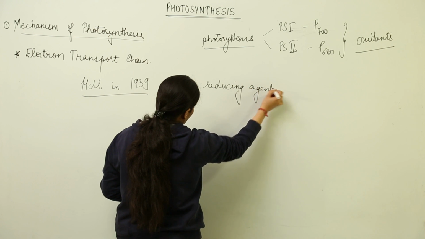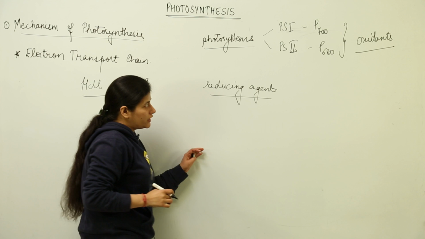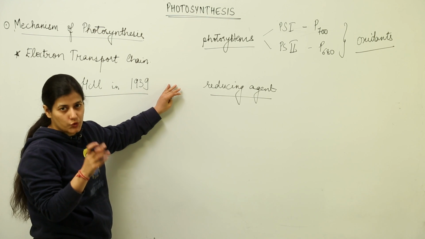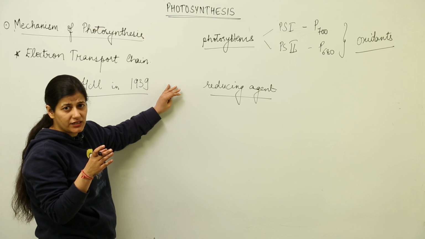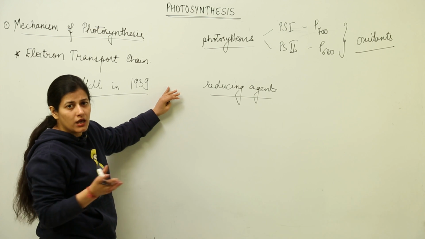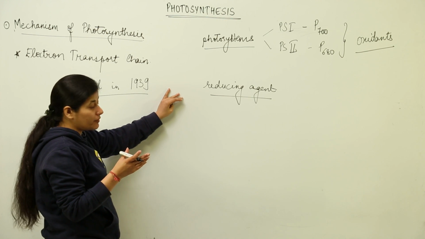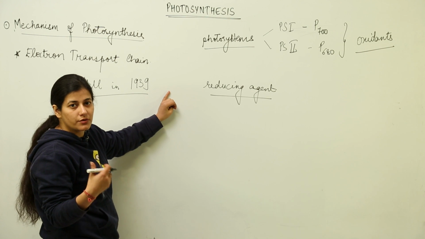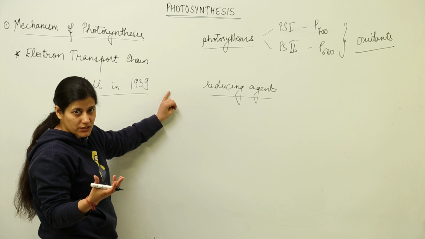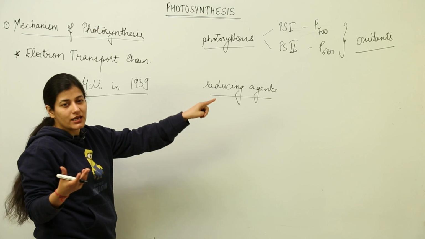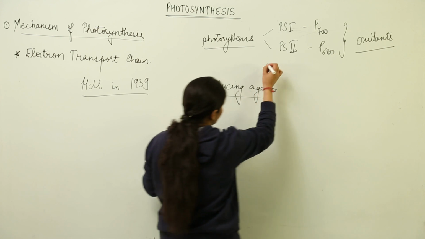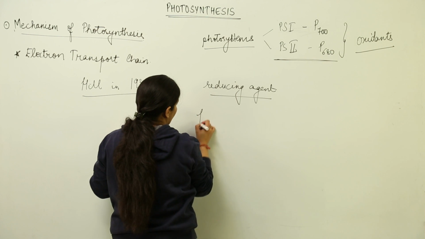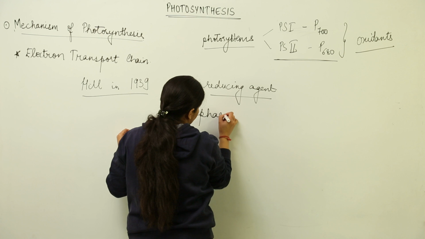Let us see it in an individual case. Suppose we take the example of photosystem 2. A wavelength of 680 nanometers, along with the accessory energy taken up by the accessory pigment, would generate enough energy for the electron to be released out of its orbital, and in the case of photosystem 2 that electron would be taken up by pheophytin.